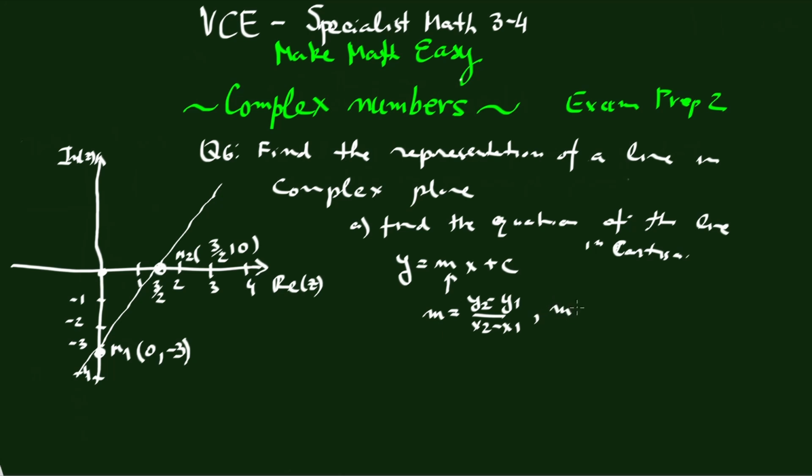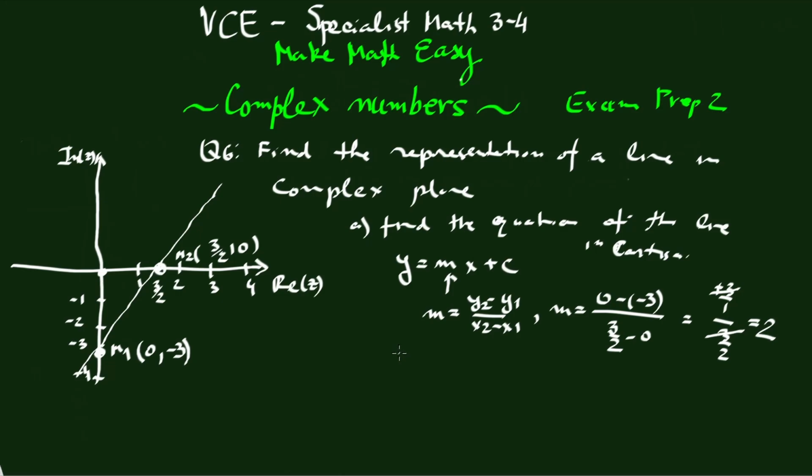So m equals (0 minus -3) divided by (3/2 minus 0). We get 3 divided by 3/2, and the result is 2.